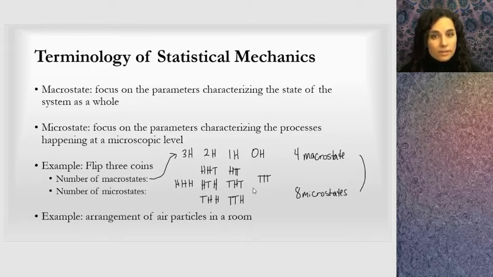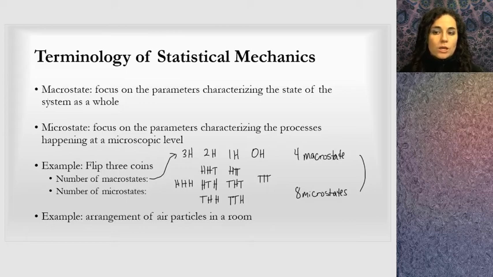That's not a likely thing to happen, but it is a microstate that's available to the air particles in your room. So the second law looks at when a process happens, why do we not see all of the air particles on the left half of the room or the right half of the room? Why does that not happen?